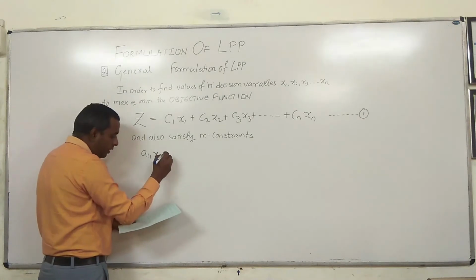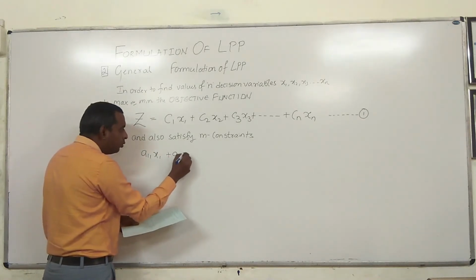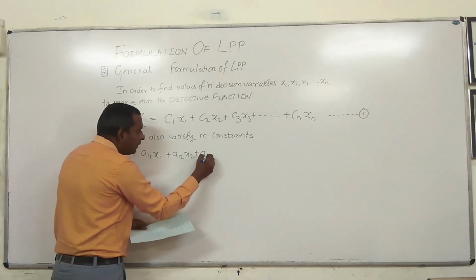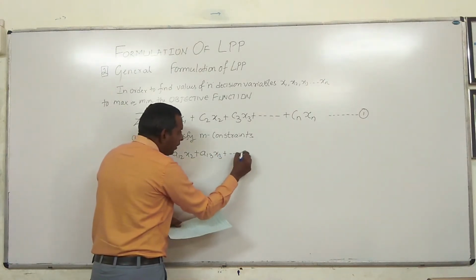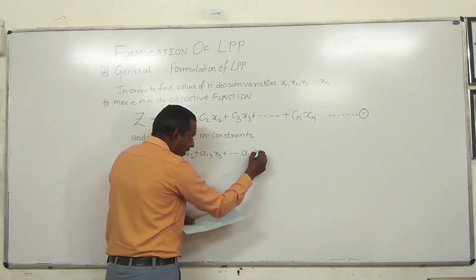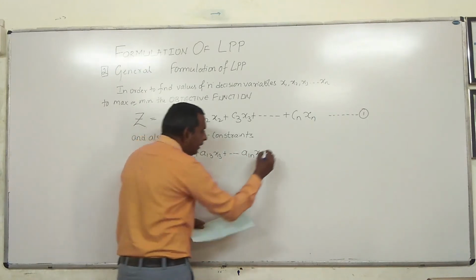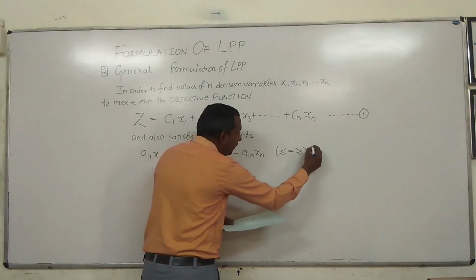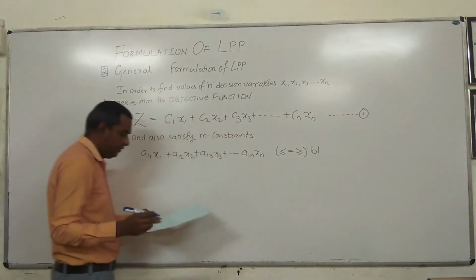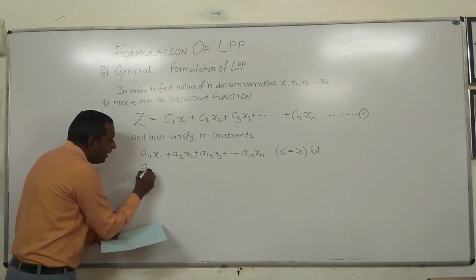A11 x1 plus A12 x2 plus A13 x3 up to A1n xn, that is less than or equal to, greater than or equal to B1. Fine.